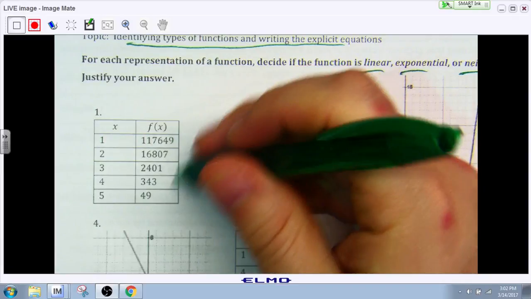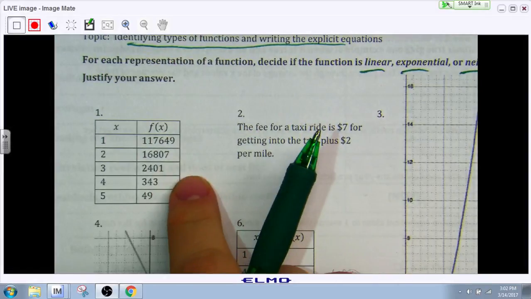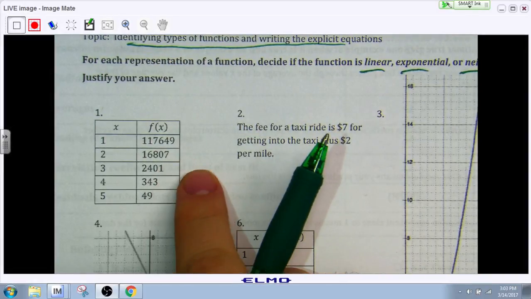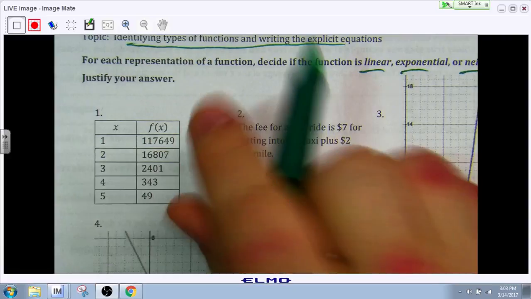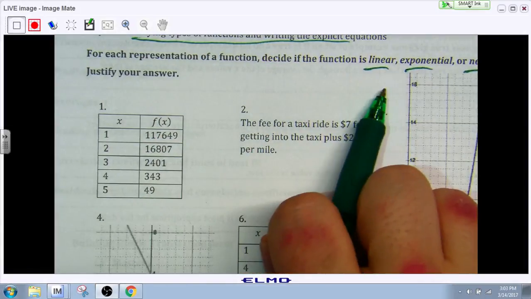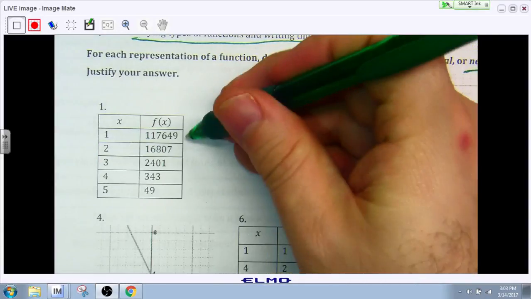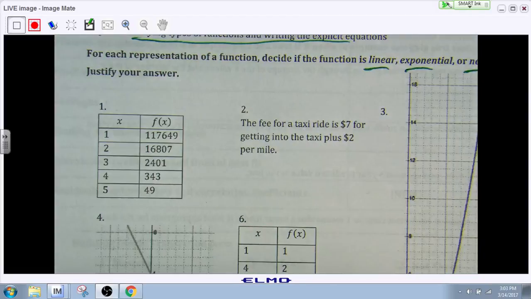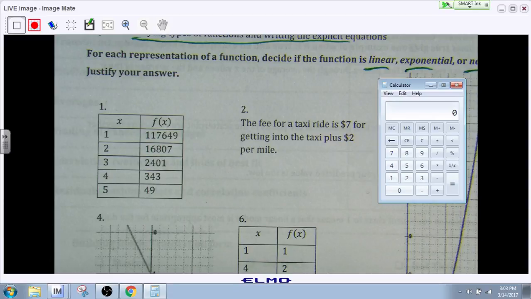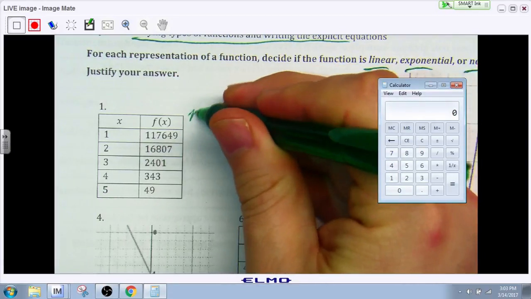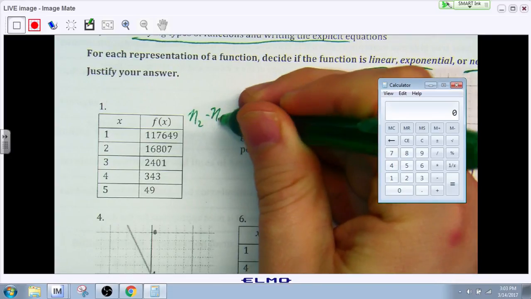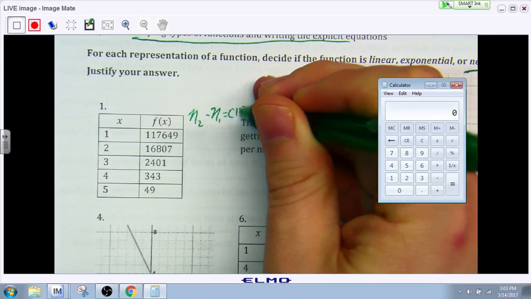So what we need to figure out is if we are adding the same number each time. If we are adding the same number each time, then we know that it's linear. And I can kind of already see that that's not the case, but I'll prove it to you guys. If I take my n sub 2 and subtract my n sub 1, that should be my common difference.